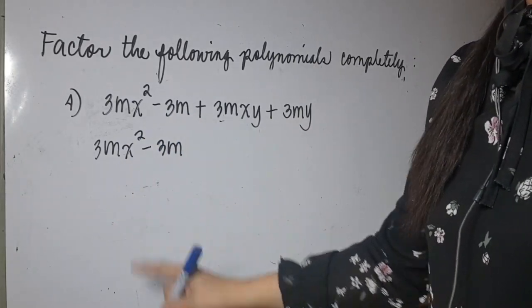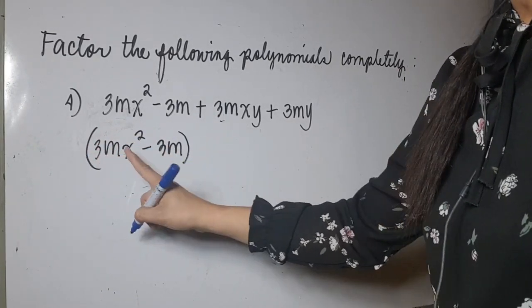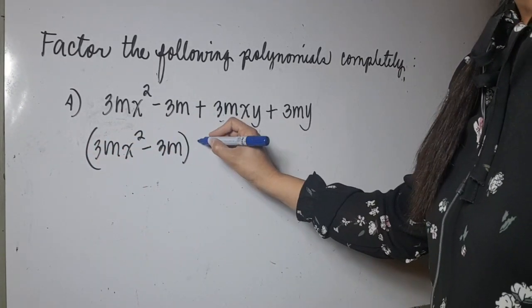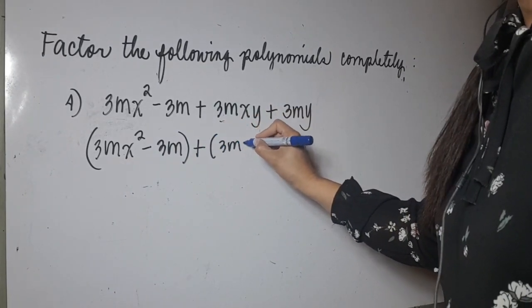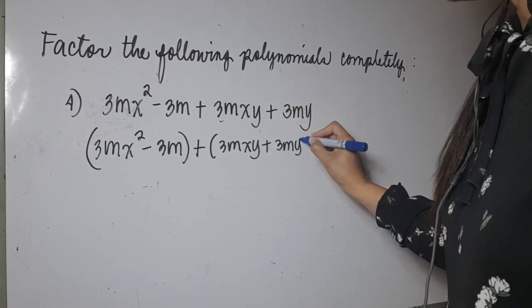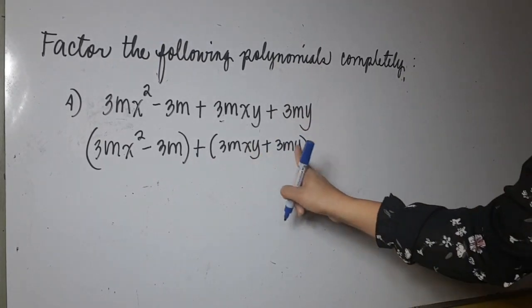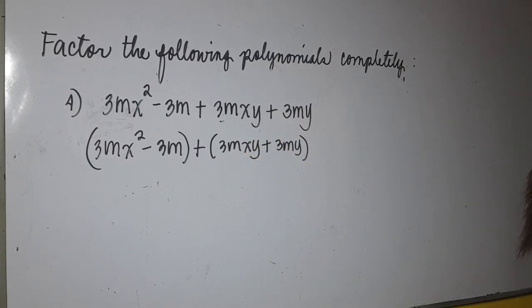Kasi meron siyang common factor which is 3m, no? So grouping the first 2 terms and then the last 2 terms, we have 3mxy plus 3my. You will see that meron silang common factor which is 3my.